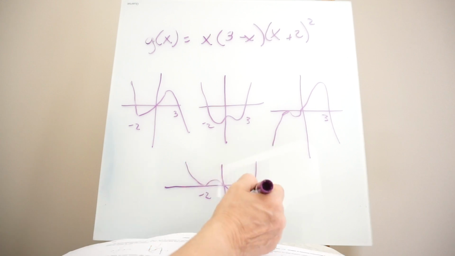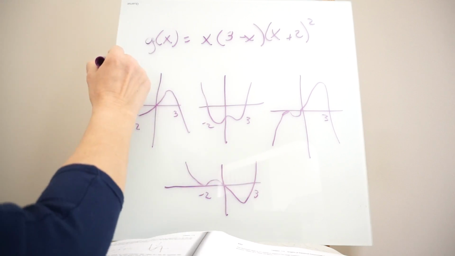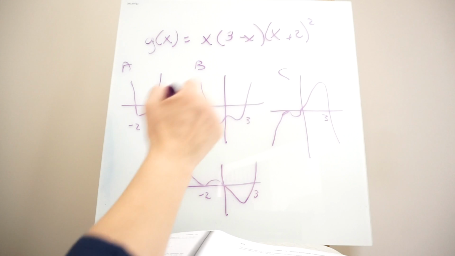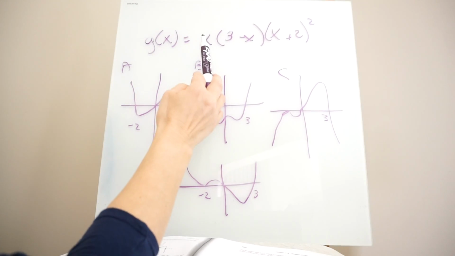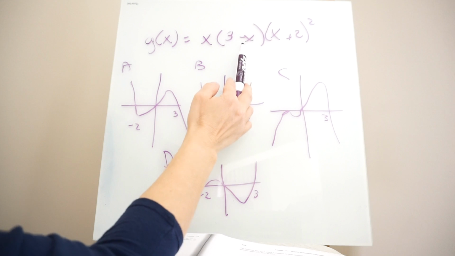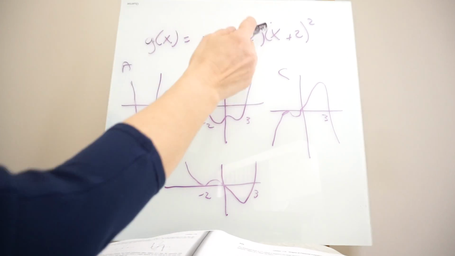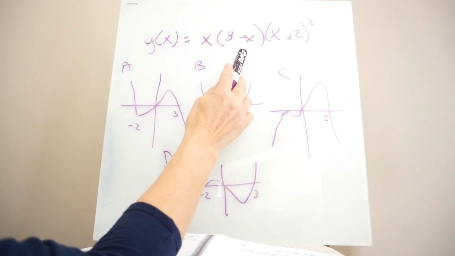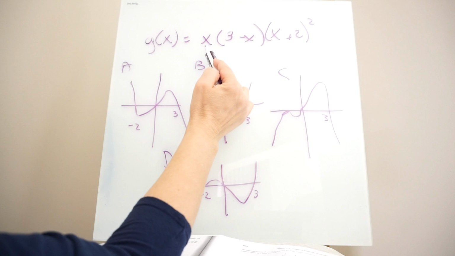So let's see here. All right, so which one would most closely resemble this? Let's take a look at this here. So we have an x, we have a negative x, and we have an x here. This is squared, so that's x squared, x and x.